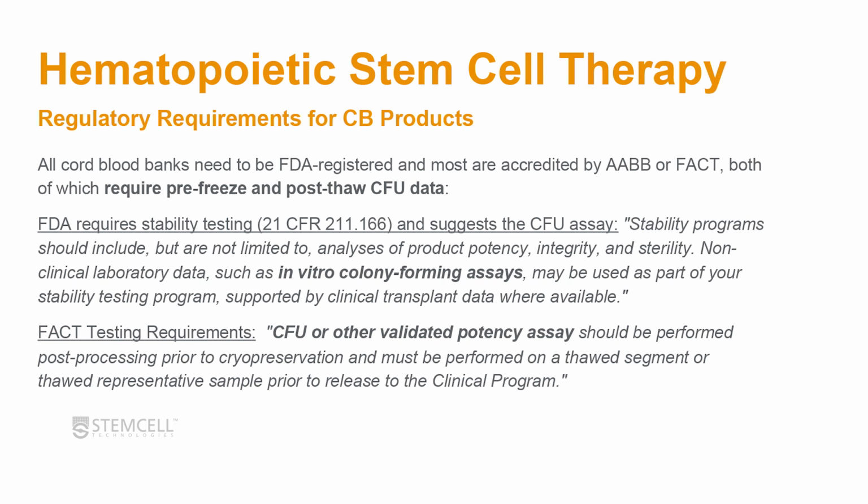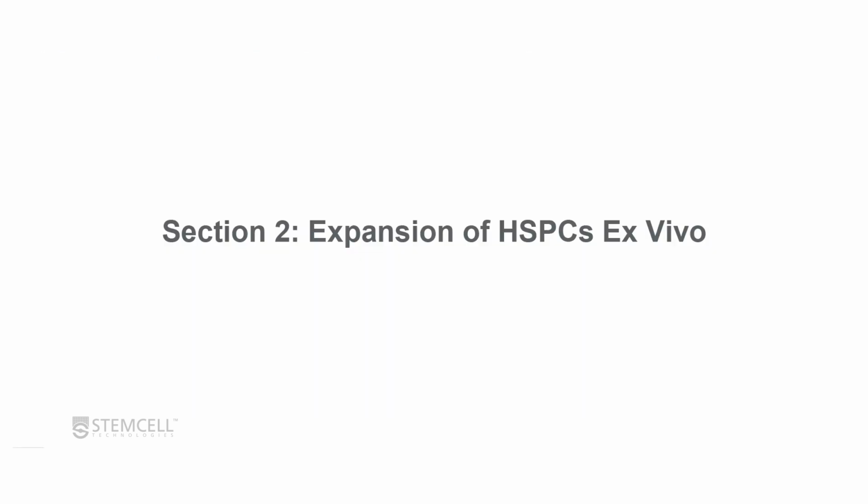All cord blood banks, for example, need to be FDA registered, and most are also accredited by AABB and FACT, other regulatory bodies. And both of these require that you test cells pre-freeze as well as post-thaw to really ensure that the potency of the cells is good, and they recommend using the CFU assay, as you can see in these guidances that are displayed on this slide.